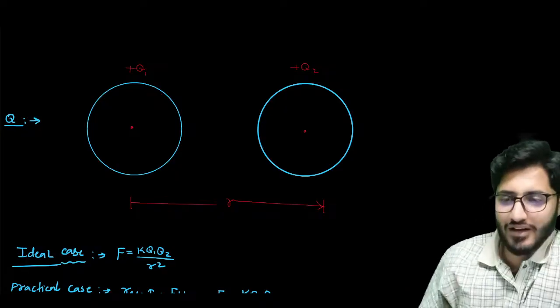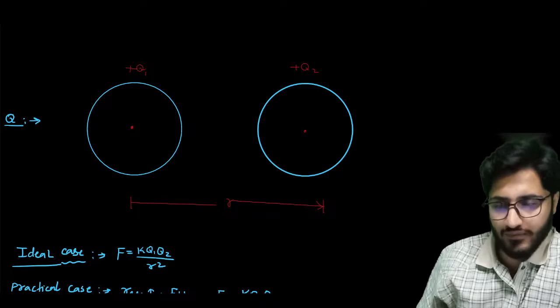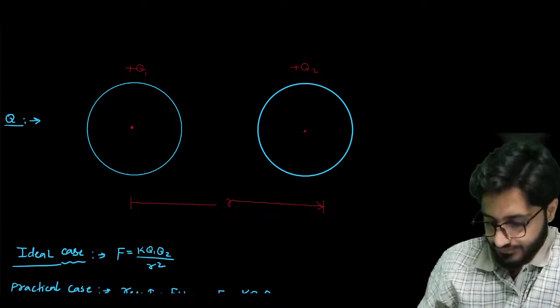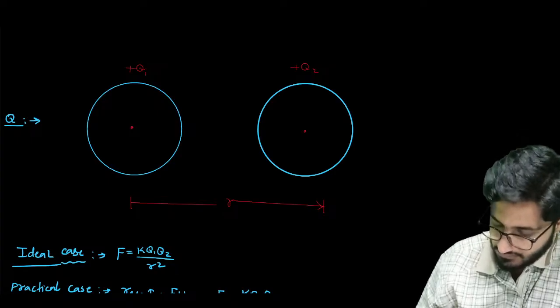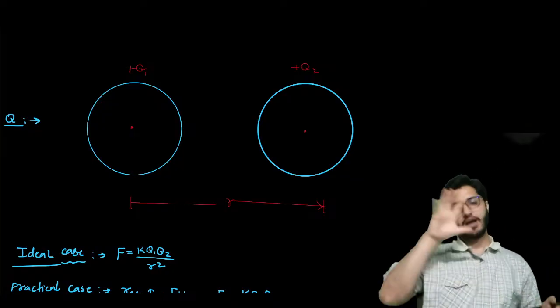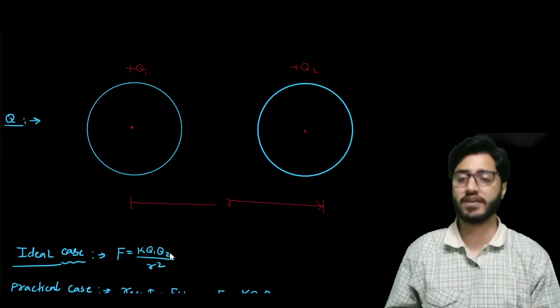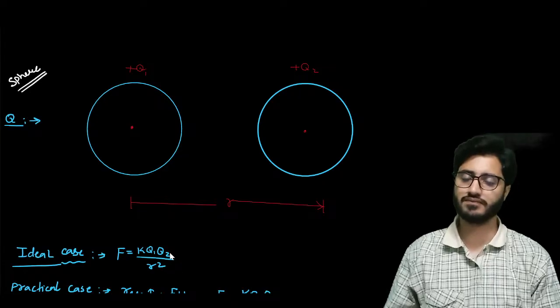Look now. To give the answer for this particular doubt, I have taken a numerical here. The numerical is like, let's suppose we have two spheres. These are spheres, not point charges.